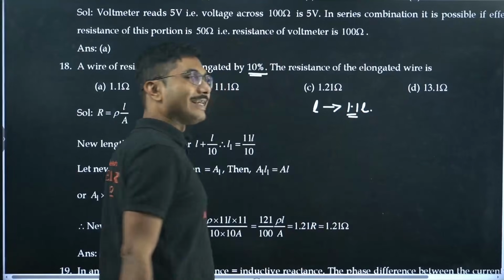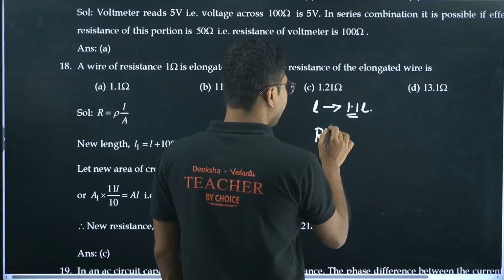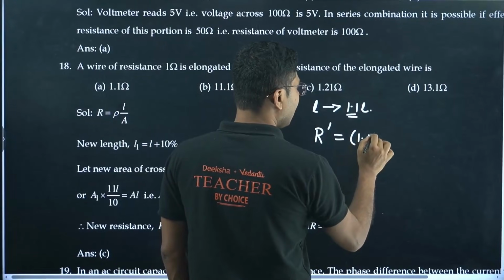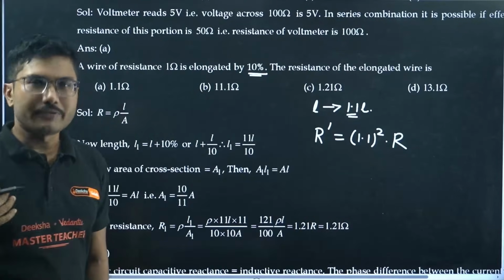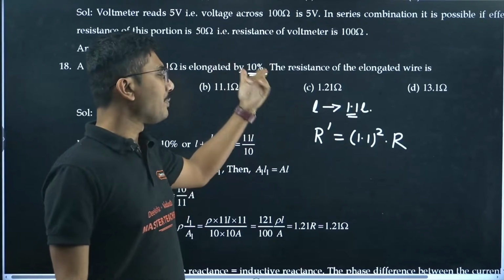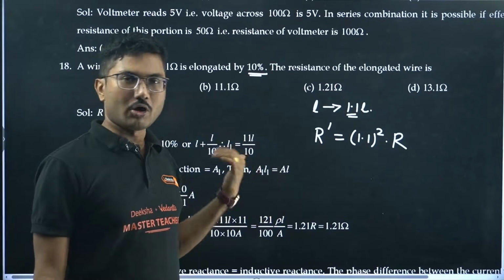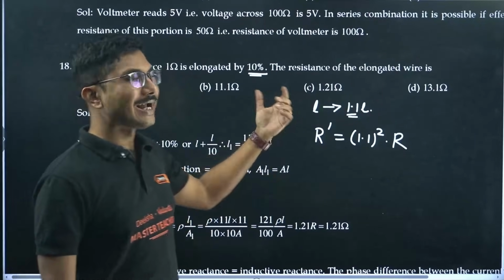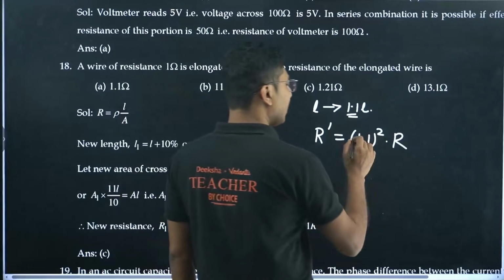If length changes by a factor of X, then the new resistance is given by the factor squared into the old resistance. This is the shortcut formula. If length is increased by say 20%, that means the new length will be 1.2 times the original length, right? So if you know that factor, you just need to take the square of that and multiply by the old resistance.